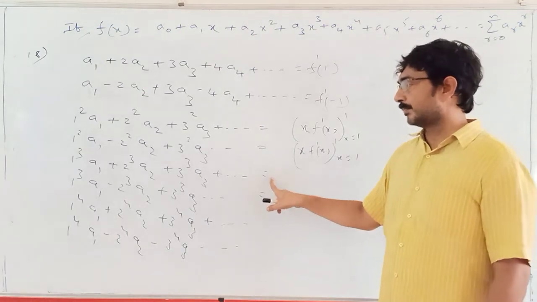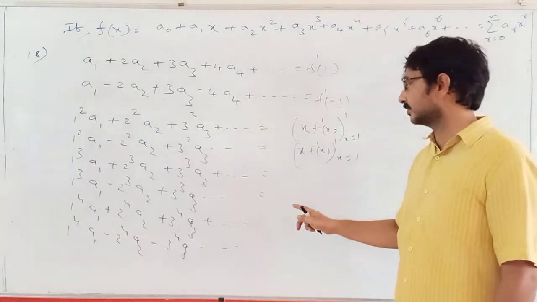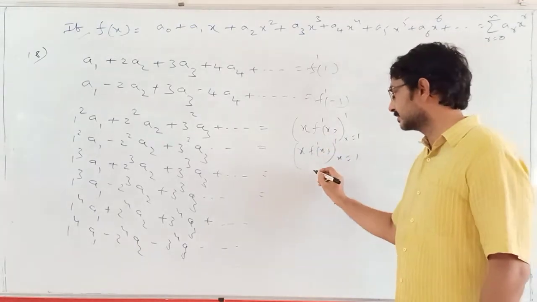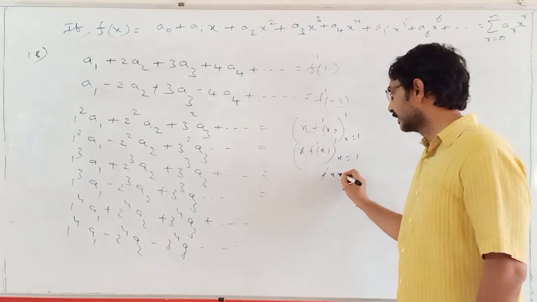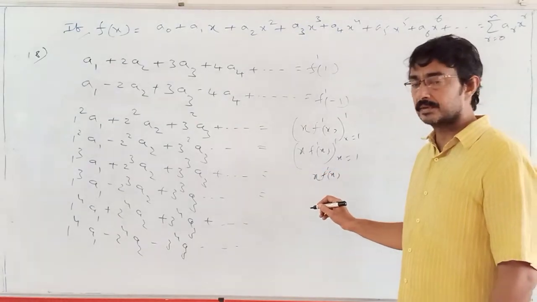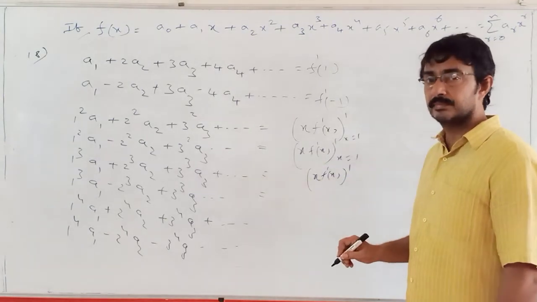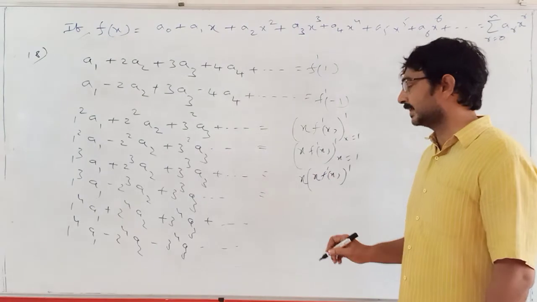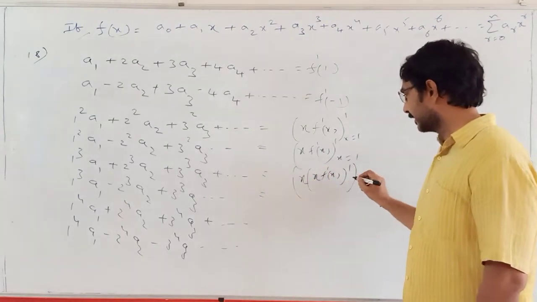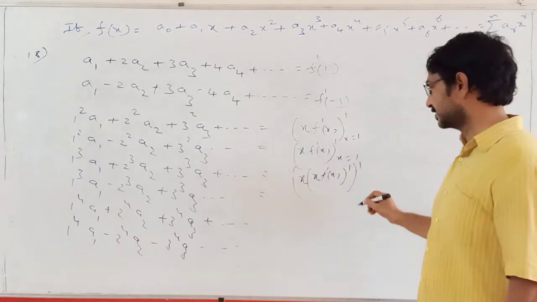For powers of coefficients 3, the working rule is the same operation applied 2 times. Means find f dash x, multiply with x. So again differentiate. Again multiply with x. Again differentiate.